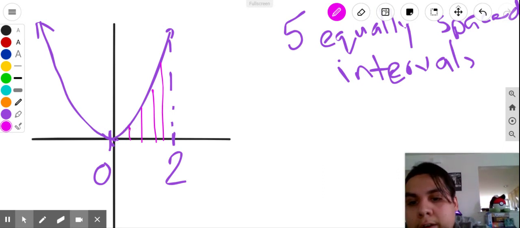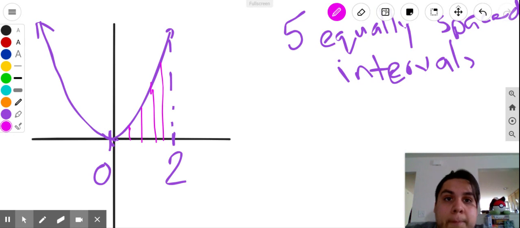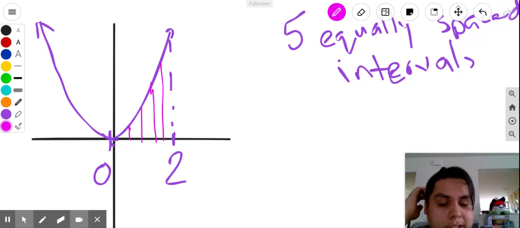Right here, all the lines I drew intersect with the curve. I could draw from that intersection point to the curve going left or going right. One of those will represent the upper estimate. One of them will represent the lower estimate.